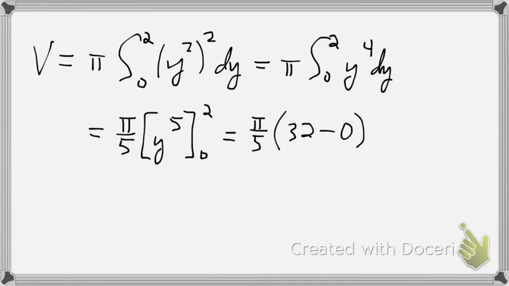No? So 32 pi fifths units cubed is the volume of that low, wide tornado shape. Is that okay? All right. I mean, that was part A, so we would hope that was the easiest one, right?